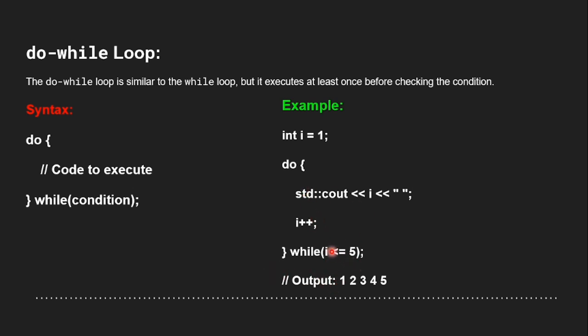In this code, the iteration is 1. In the second stage it will become 2, in the third stage 3, in the fourth stage 4, in the fifth stage it will become 5. And now we know that the condition is met because 5 equals 5. Then our desired output will be shown, that is 1 2 3 4 5.